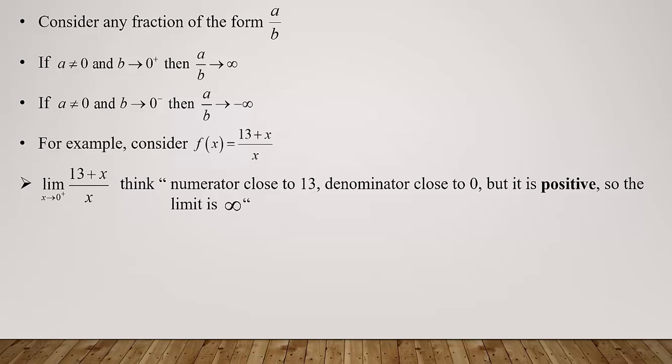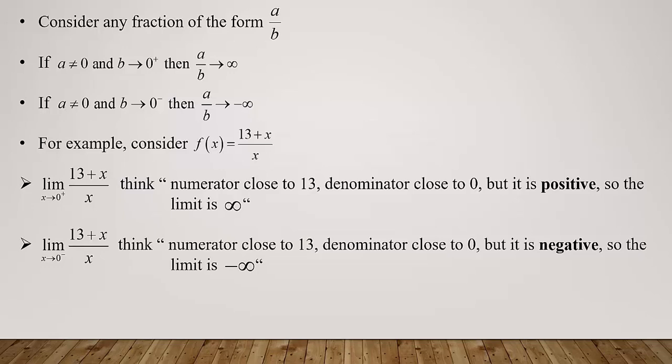That's a positive number. The denominator is close to 0, but it's going to be positive. So positive divided by positive gives us the limit to be positive infinity. We know from the function that x equals 0 is a vertical asymptote because it's a value of x that makes the denominator 0, but the numerator is not 0.